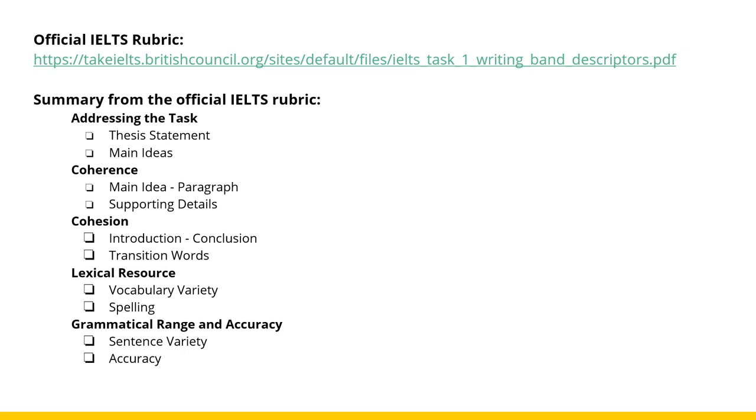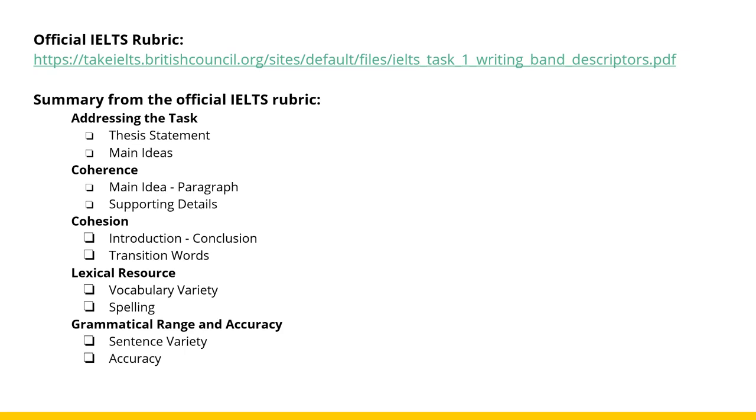Then spelling, of course, is very important, so make sure you practice very well before you take your test. And last important point is grammatical range and accuracy. So it means your sentences are different. You are not using only simple sentences or only compound sentences. You have 4 different types of sentences that we discussed: simple, compound, complex, and compound complex.